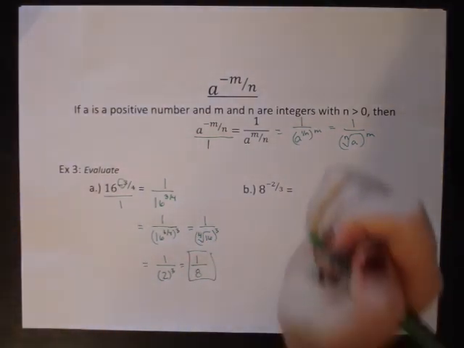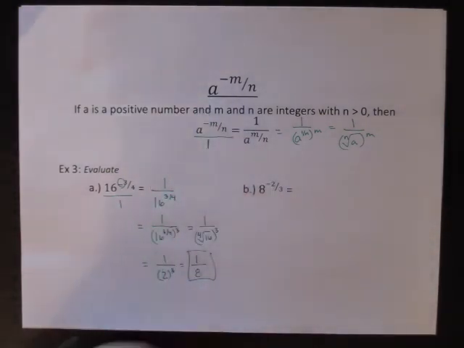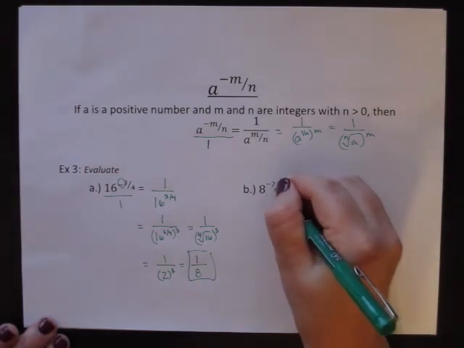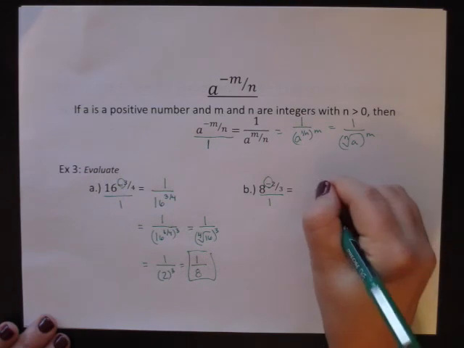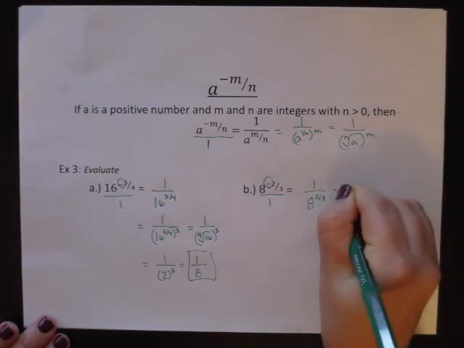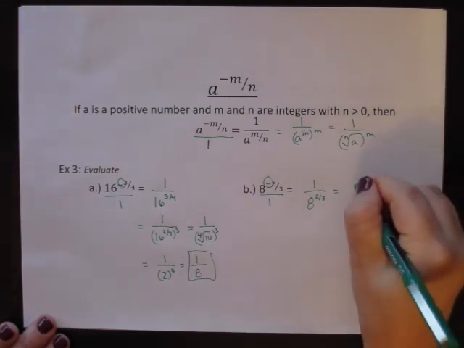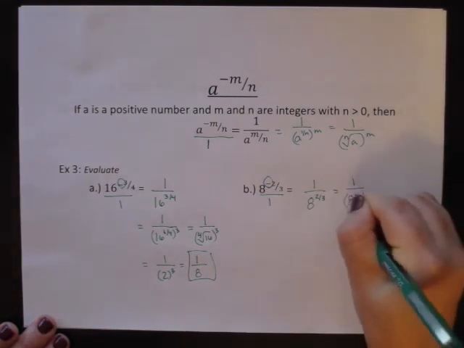So the only new thing you have to do now is make sure that if you have a negative exponent, you bring it down. Okay, let's try the next one. I've got 8 to the negative 2 over 3. I see that I have a negative exponent, so I've got to change it. So this would be 1 over 8 to the 2 thirds. Then again, I pull out my numerator, so I've got 8 to the 1 over 3 raised to the second.